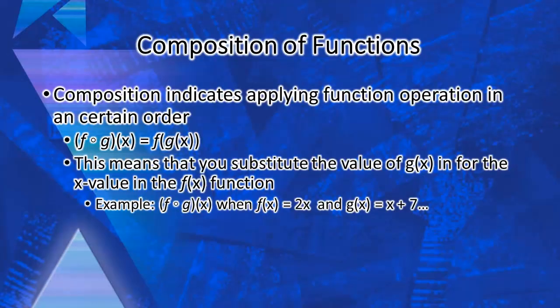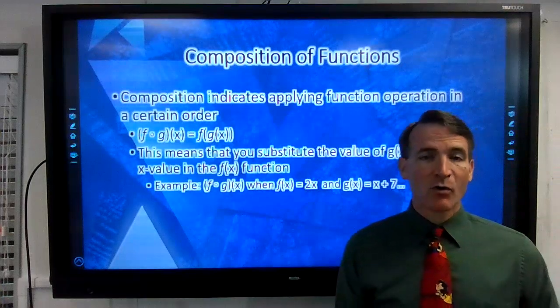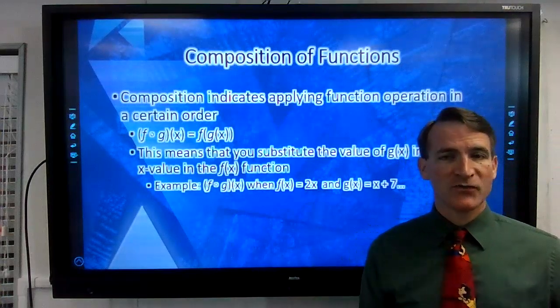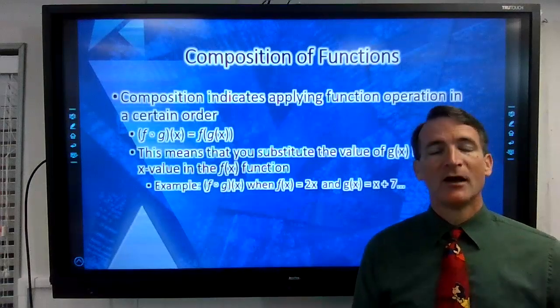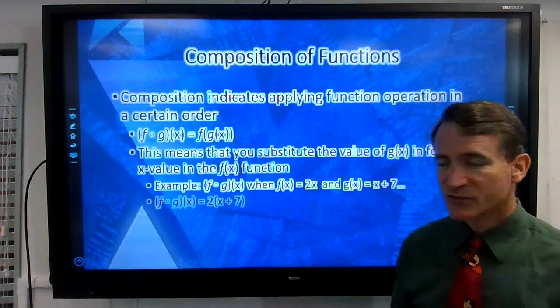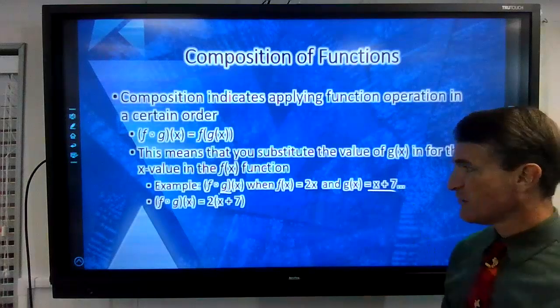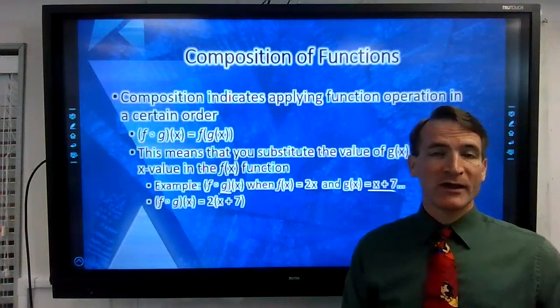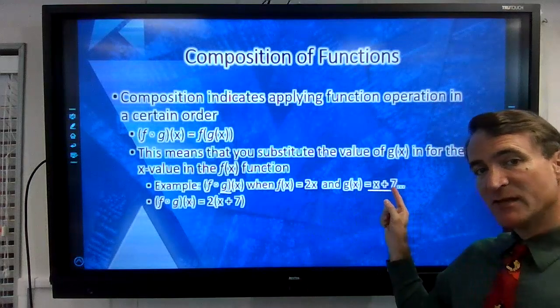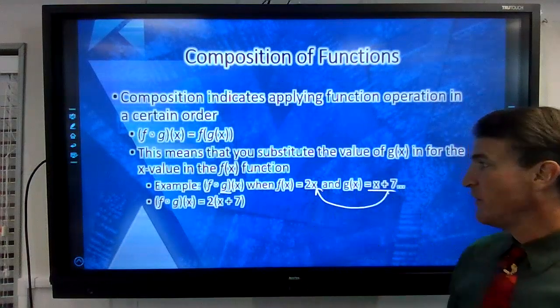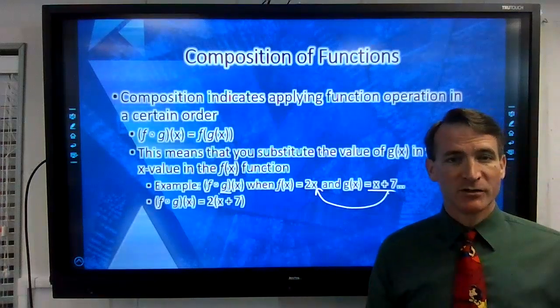So let's just say that for f composed of g of x, we want to find that when f of x is equal to 2x and g of x is equal to x plus 7. Rather than plugging in individual example points, we are going to combine the two functions into one, a composition of functions. So I take my g of x function, which is x plus 7, and I replace the x in my f function with x plus 7.